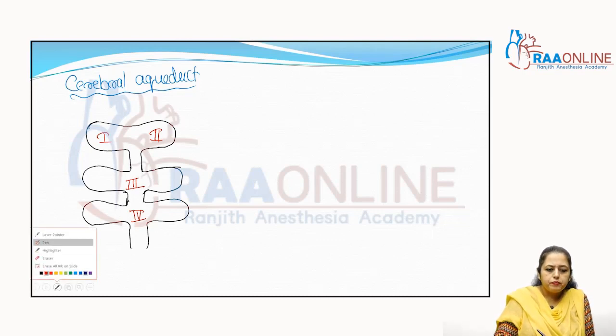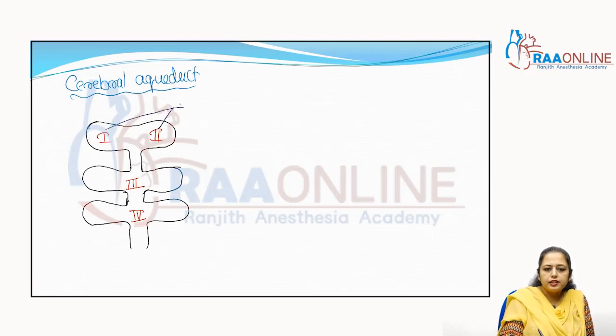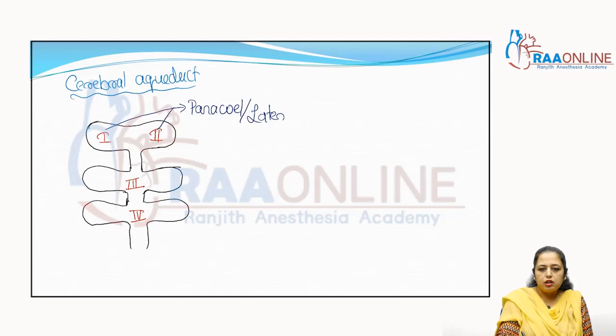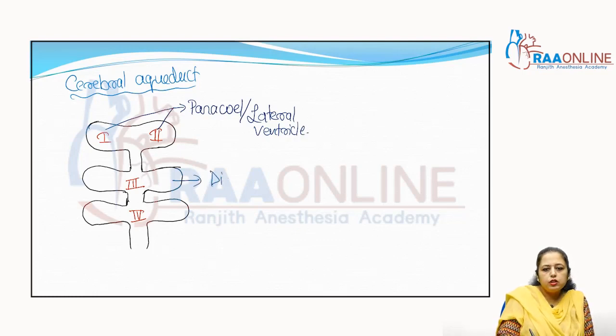And now what? That first and second ventricles are known as the paracele, right? They are known as the paracele, and because they are situated laterally, at the outside, they are also known as the lateral ventricles, right? The third one is known as the diacele.